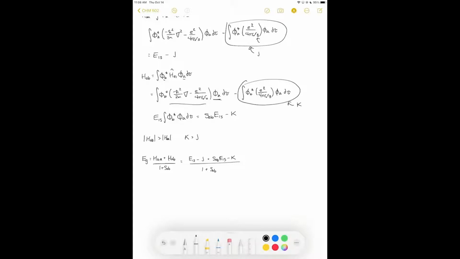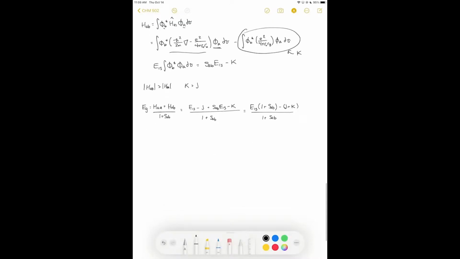So then what we can do is factor out this E1s term, and that's going to give us E1s times 1 plus SAB. And then we also have, I'll factor out these terms, a minus J plus K term over 1 plus SAB.